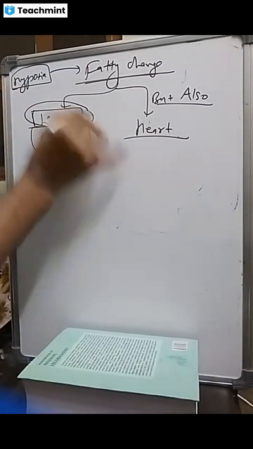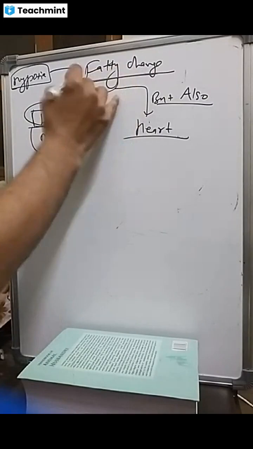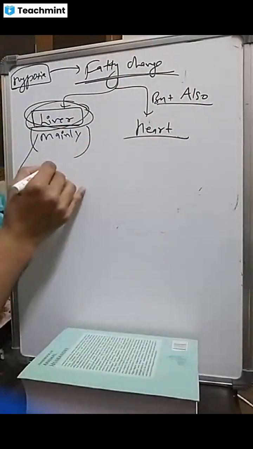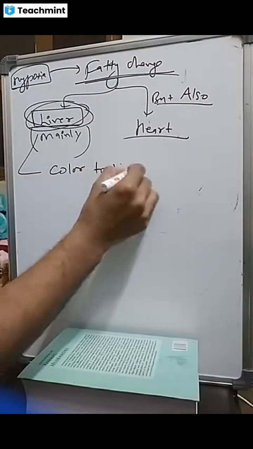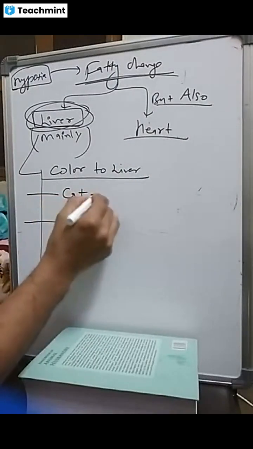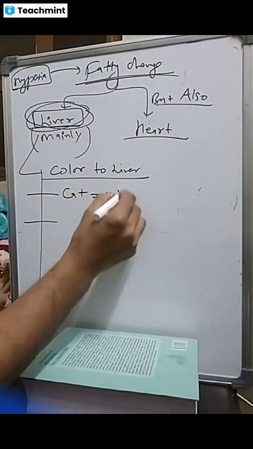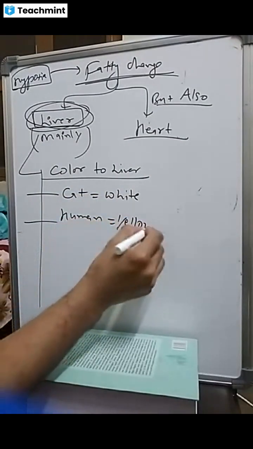In the case of fatty change, the liver may show a color change, but this differs in species. In the case of cat, it is white. In the case of human, it is yellow.